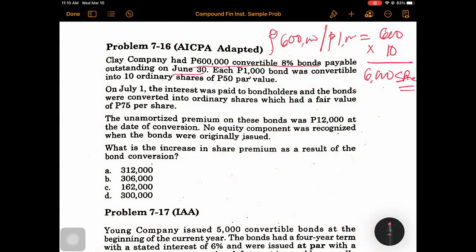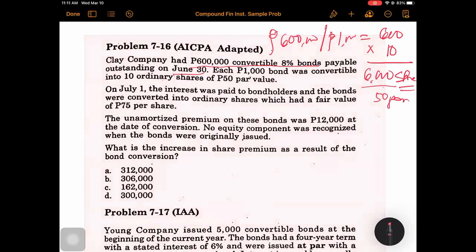Naa gihapon ang bonds payable. Bayaran gihapon nato siya. Mipalit lang siya sa ato. So in this case, since it's a convertible, it's either i-convert ni holder or magpabayad si holder.